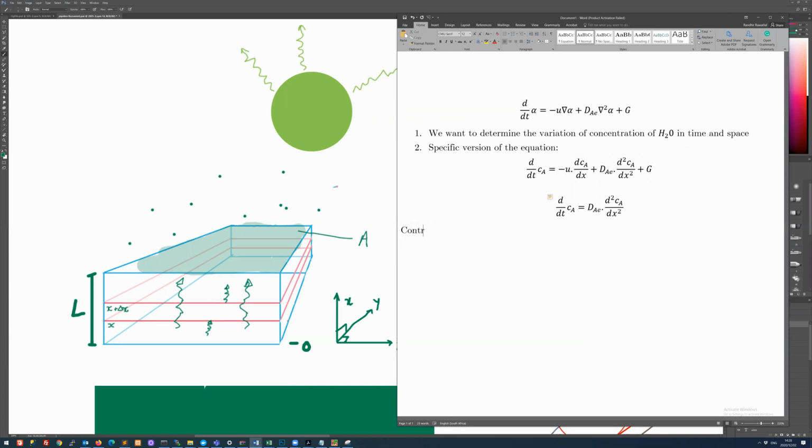So the control volume, we can say delta V, equals A times delta X. And then in that space, so in the control volume, the number of moles, we can write here delta nA, equals the concentration of A at position X times the delta V.